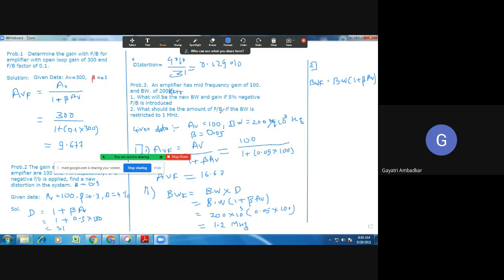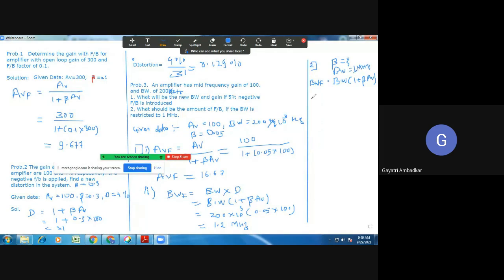What should be the amount of feedback, means you have to find factor beta. What you have to find? Beta. Beta is what, if bandwidth is equal to 1 megahertz.